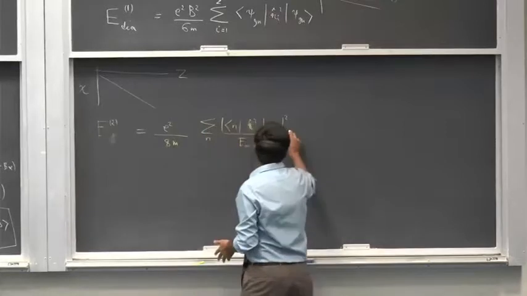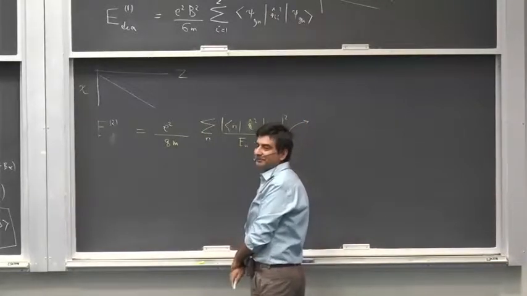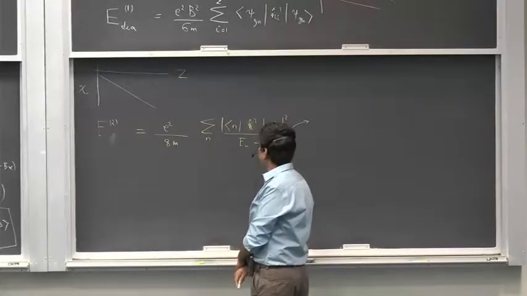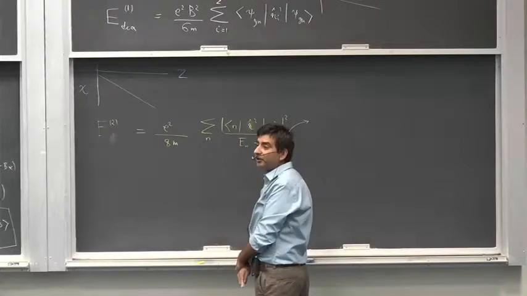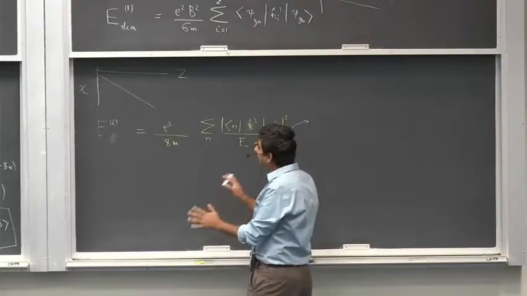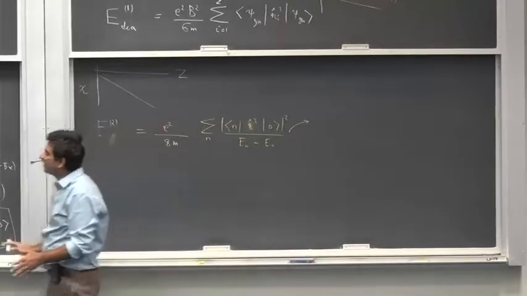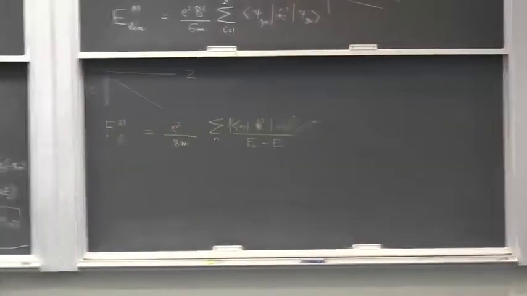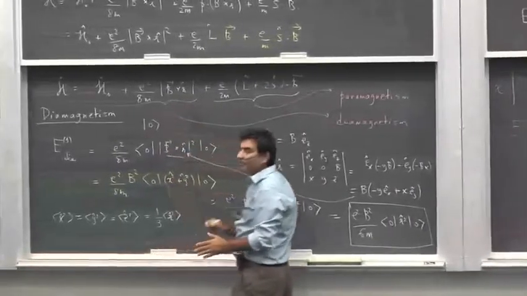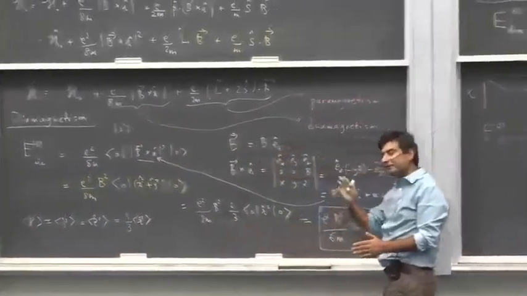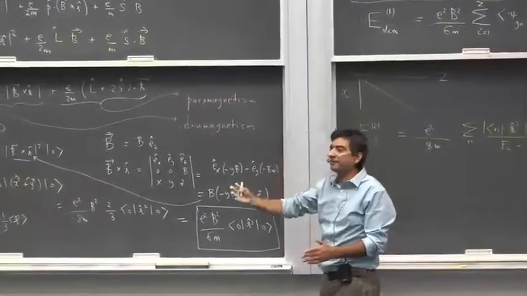So this might be a paramagnetic term. So with these orbital effects, the so-called diamagnetic term, the A square term, might lead to diamagnetism in the first order, and it might lead to paramagnetism in the higher order.